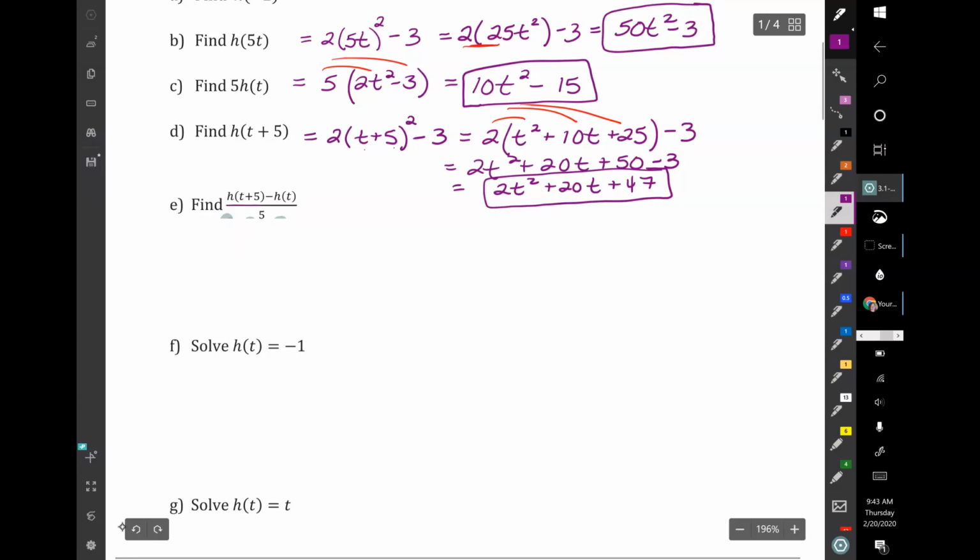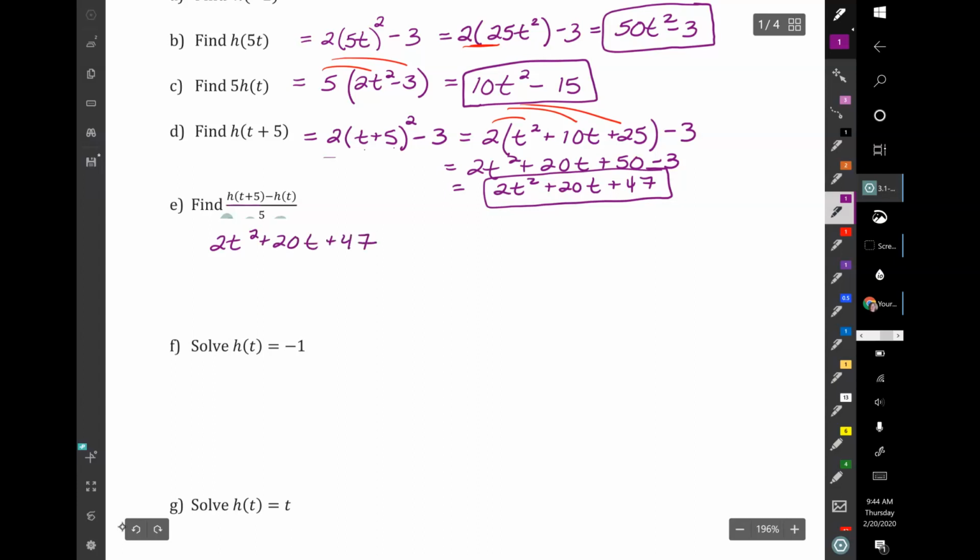Okay, so we're going to go ahead and plug these things in. So we would have t plus 5 as our input. We could actually reinvent the wheel and write it all up just like I did in part D, but since I already did that, you can just use it. 2t squared plus 20t plus 47.